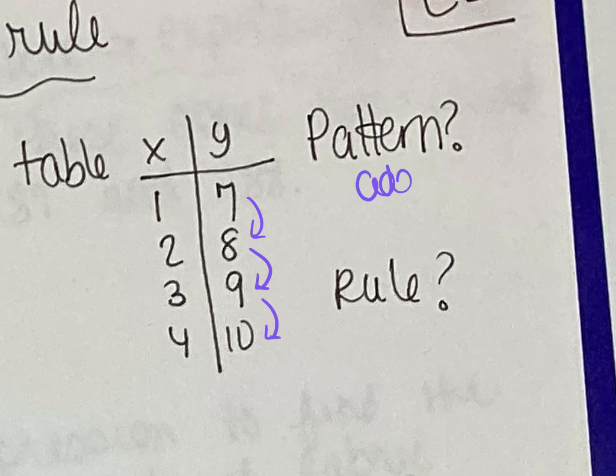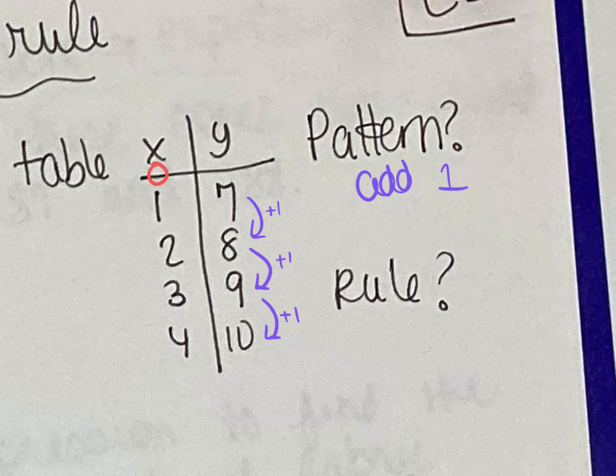The pattern is we're adding 1. 7 plus 1 is 8. 8 plus 1 is 9. 9 plus 1 is 10. So our pattern is to add 1 each time to the purple column. Okay, the red column, what we need to do is back it up to 0. 4, 3, 2, 1, 0.